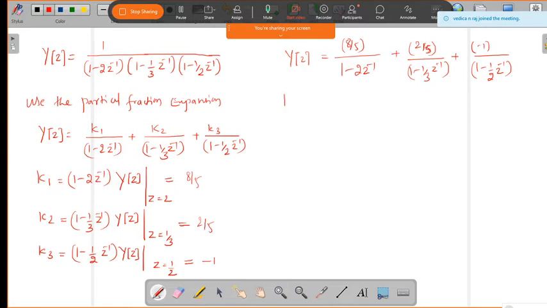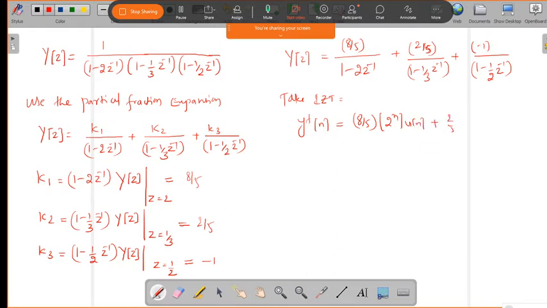Okay, so now take the inverse z transform and we will get the forced response of y(n). So we can call it the forced response, and we'll get it as 8 by 5 into 2 power n into u(n) plus 2 by 5 into 1 by 3 power n into u(n) plus minus 1 into half power n into u(n).